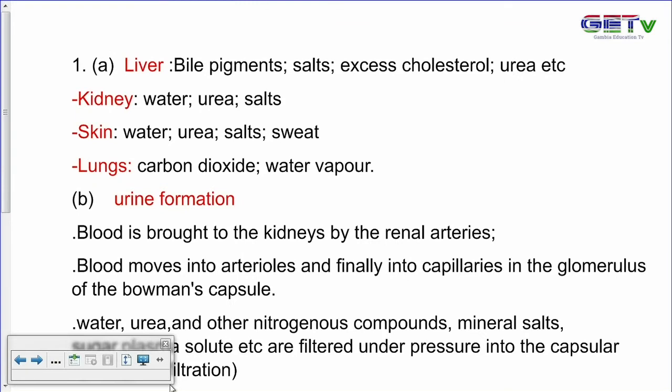We said we look at the organs of excretion and the excretory products. The first question, the organs of excretion: one is the liver. And what does the liver excrete? We said the bile pigment, the salt, excess cholesterol, and urea.